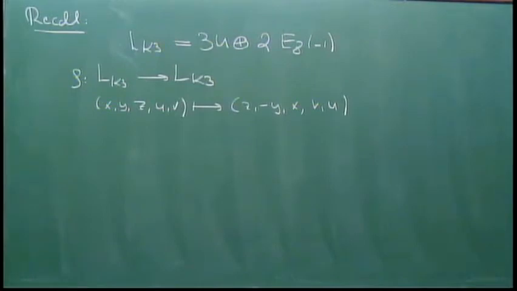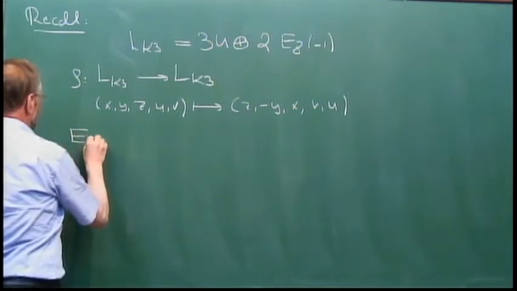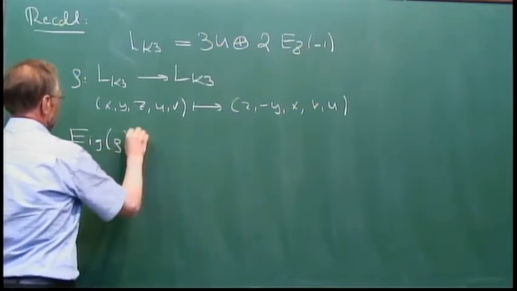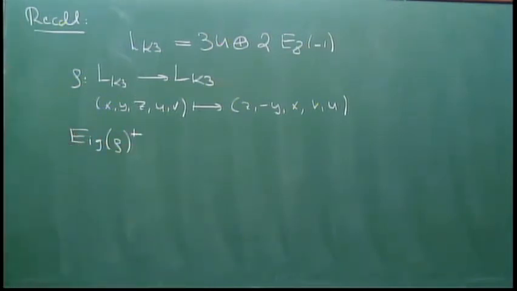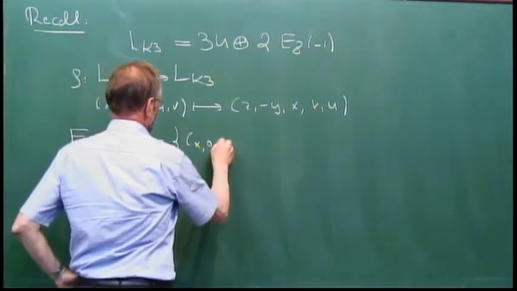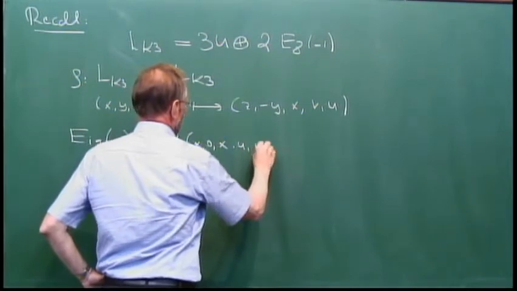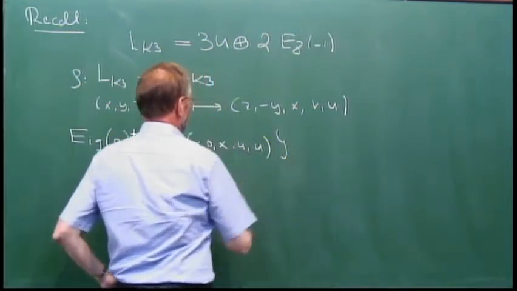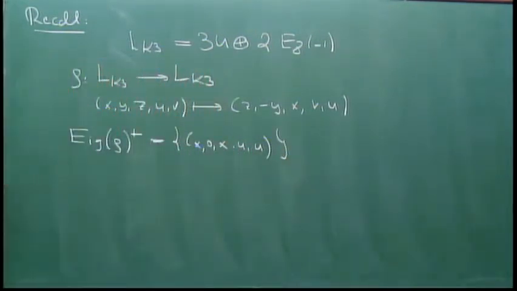It will become clear in a moment why this is useful to look at, but for the moment, let me just state what the plus and the minus eigenspaces are. So the plus eigenspace is obviously all vectors of the form (x, 0, x, u, u), where x and u are in the hyperbolic plane and the negative E8.